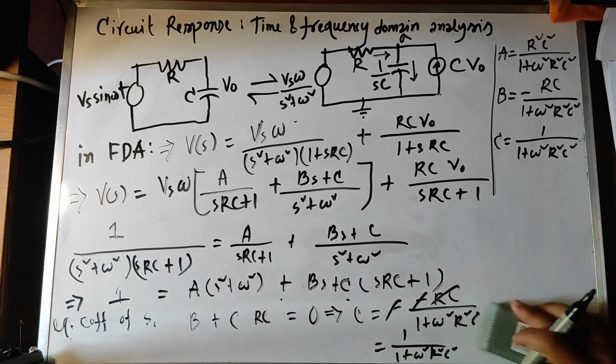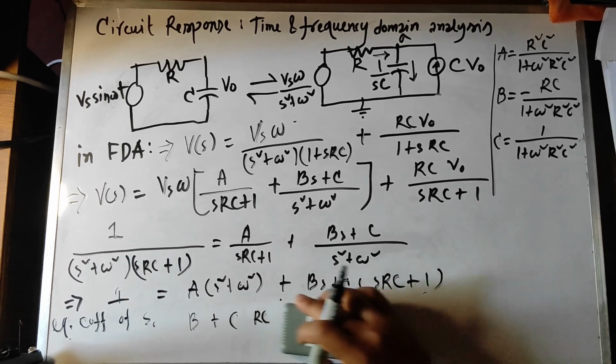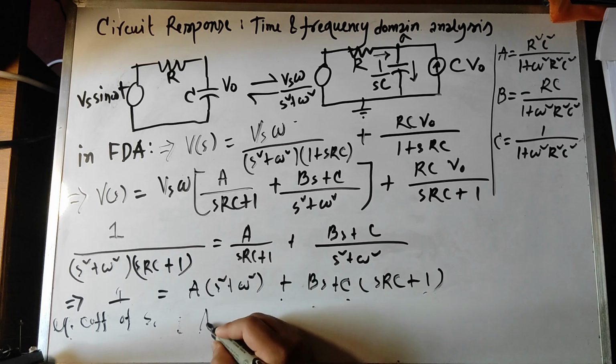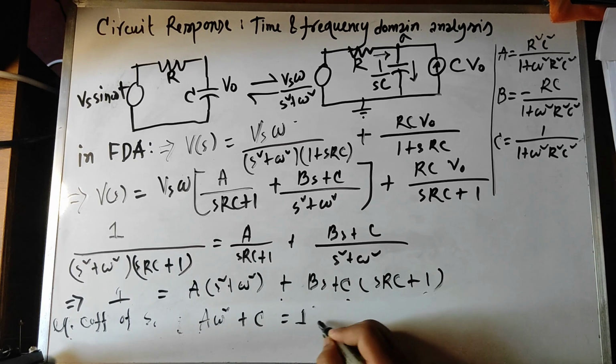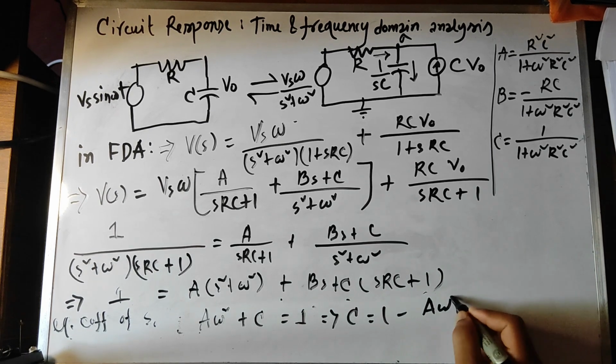We can also equate the constant terms. So a omega square plus c equals 1, which will give us c equals 1 minus a omega square.